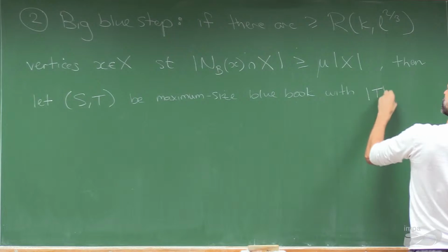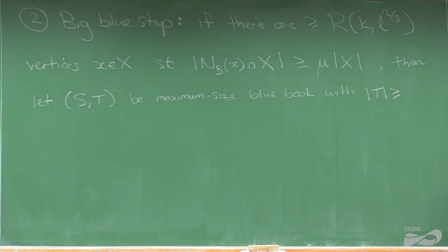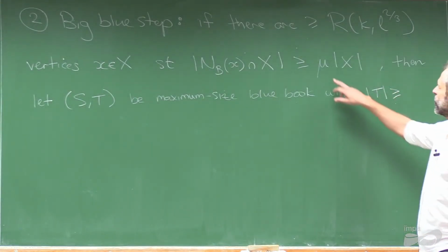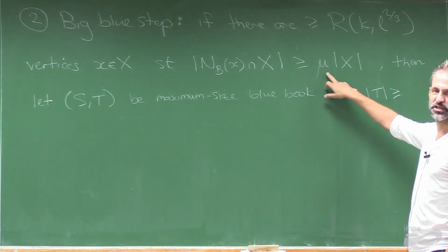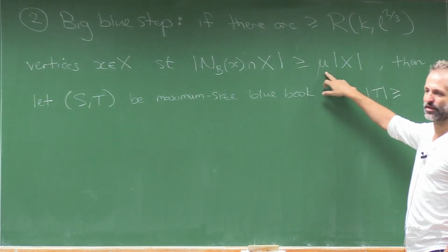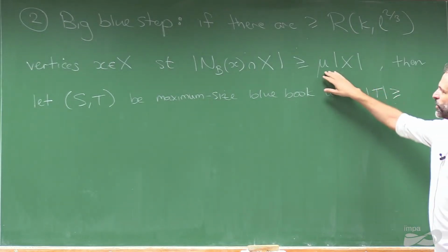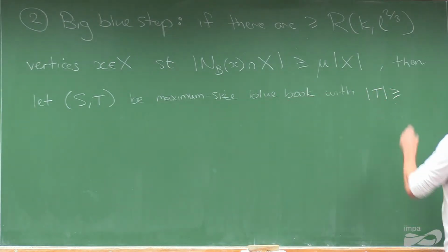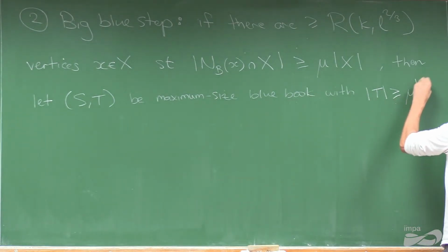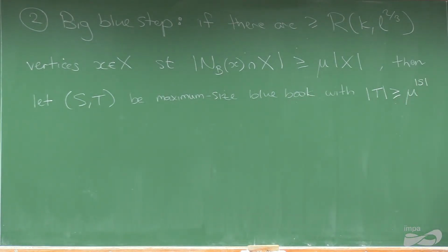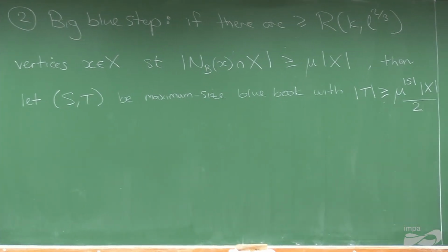So T should be at least, okay, each vertex is going to cost us a factor of mu when we add it to B. We're going to go into this blue neighborhood, and we're putting S in, so we should lose a factor of mu to the S, times the size of X. So we lose a tiny bit more over 2, just some silly error term, and we don't care at all about this over 2.